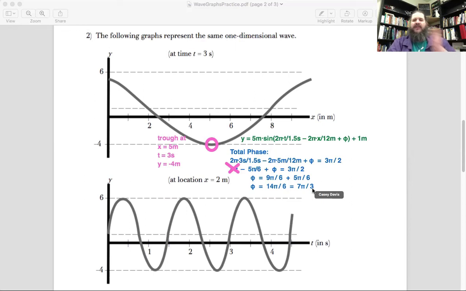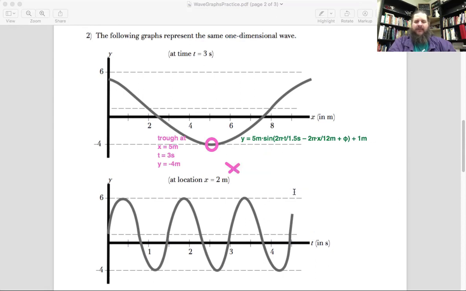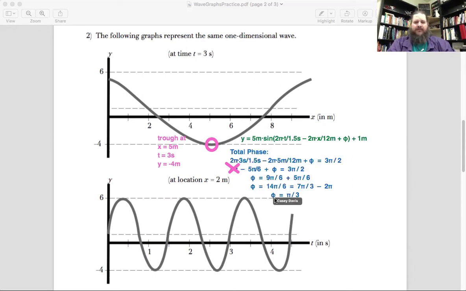Or if you get a phase shift that's negative, I would add 2 pi until it becomes just barely positive. Like here, let's go ahead and subtract 2 pi from this. That is, we're subtracting 6 pi over 3, so we get 1 pi over 3. So that's what I would use as the phase shift.